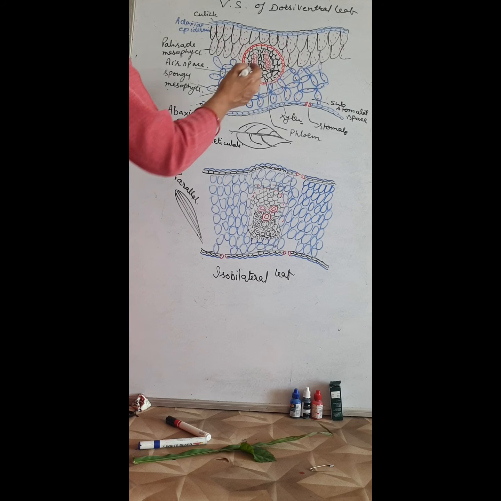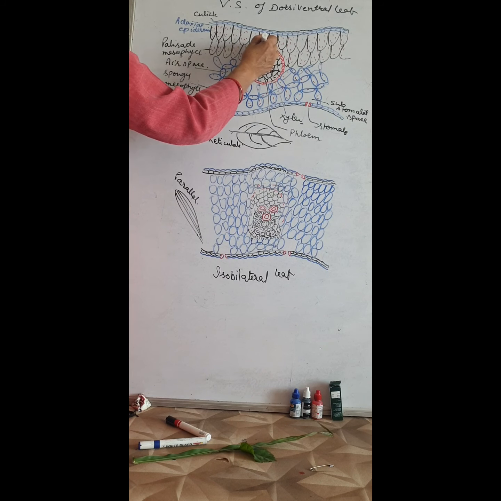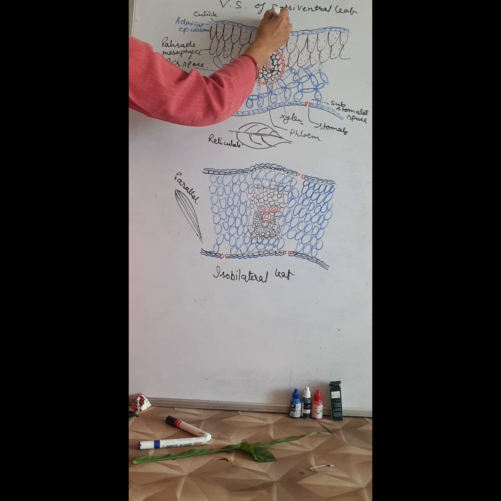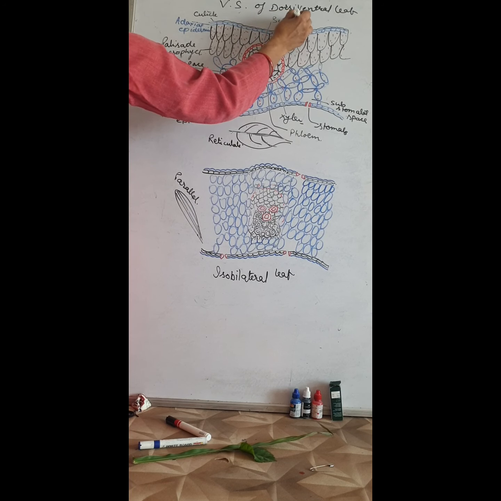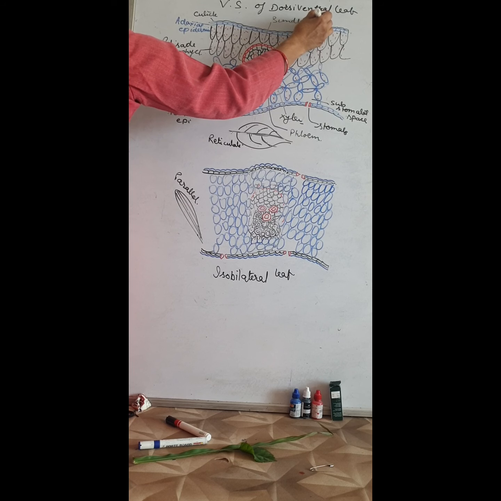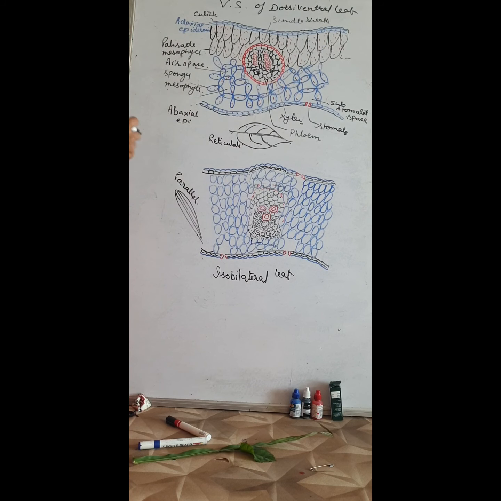The vascular bundles are surrounded by a conspicuous bundle sheath. The red one is the bundle sheath, a layer of thick wall cells.